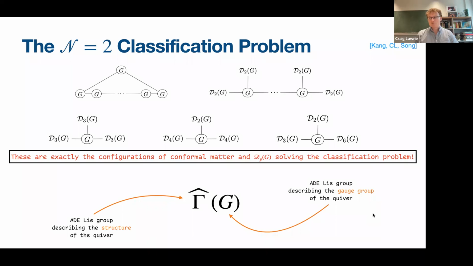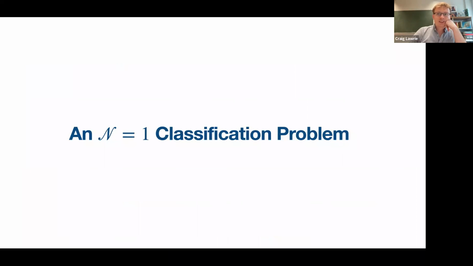So this is some large collection of theories. And I would say it justifies asking this question because the answer is ADE. And anytime the answer is ADE, you should find that interesting. Okay. So you could also pose an N=1 classification problem.